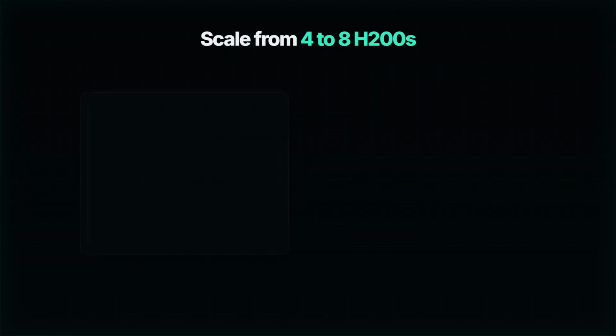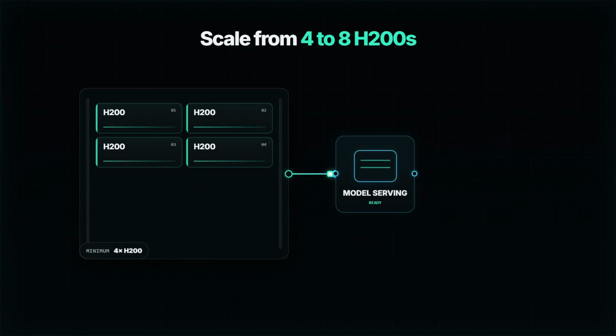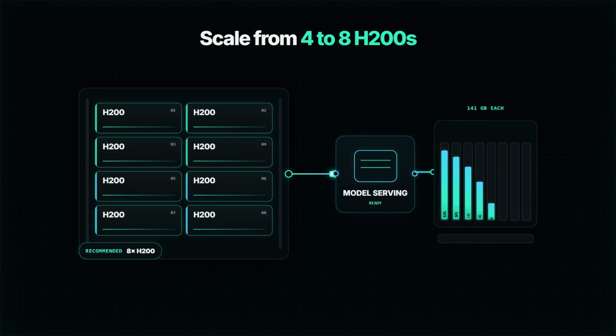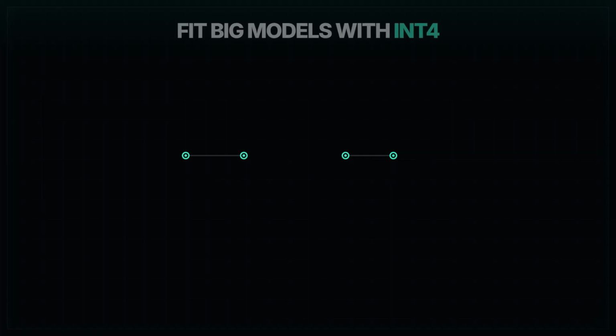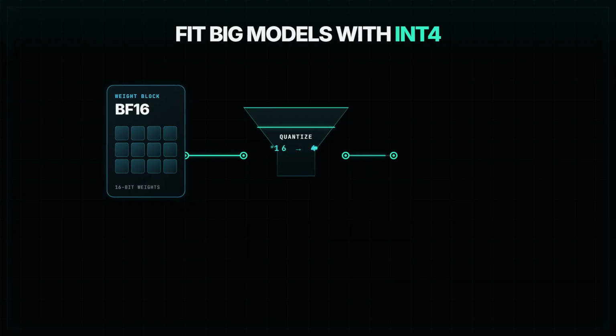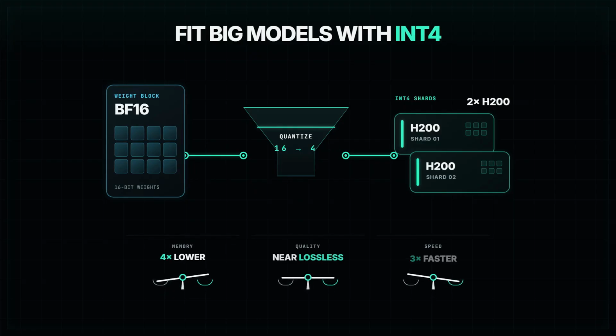The model card lists 4 NVIDIA H200 GPUs as the minimum BF16 setup and recommends 8. Its quick start examples assume 8 GPUs with at least 141 gigabytes of memory each. Upstage says quantized deployment can run on 2 H200s, and official quantized variants are linked from the model card. Quantization compresses weight precision, trading memory savings against possible quality and speed differences.